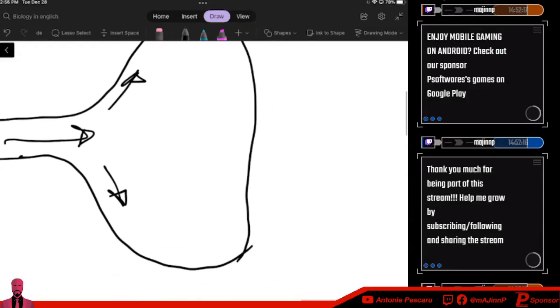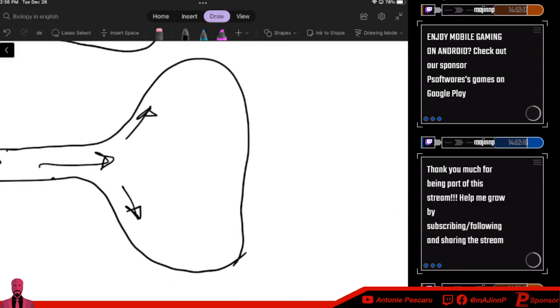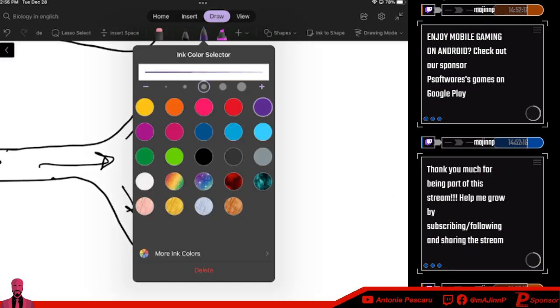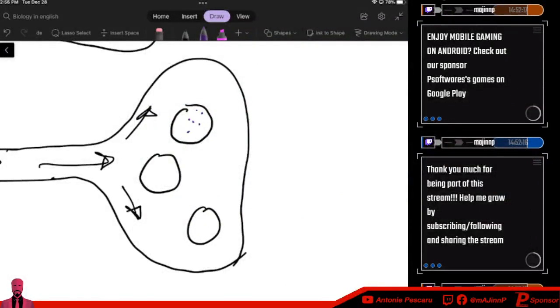What I like to call the synaptic button. And inside of the synaptic button, you're going to have these vesicles that contain your neurotransmitter. In this case, we said it was adrenaline.